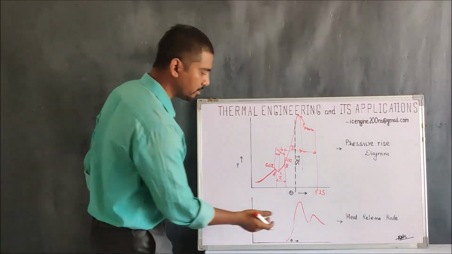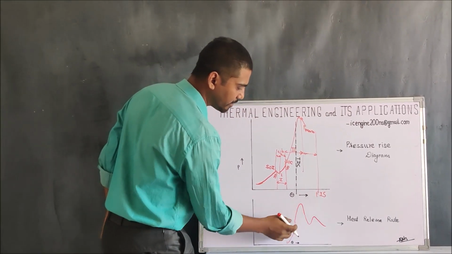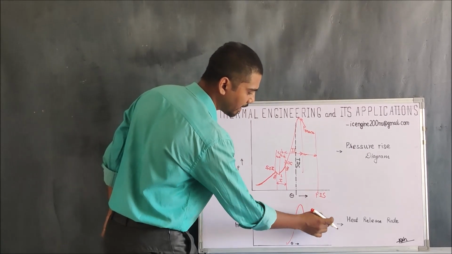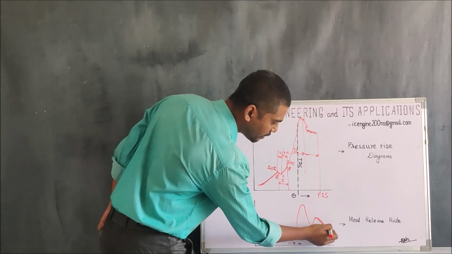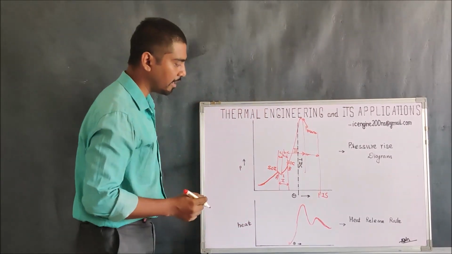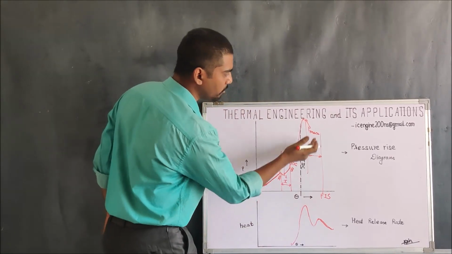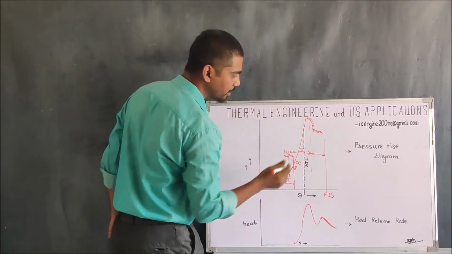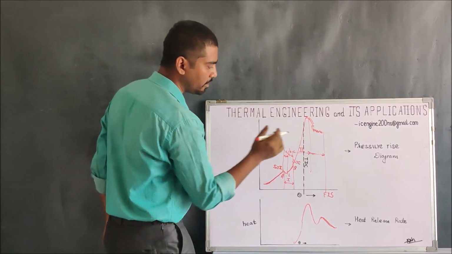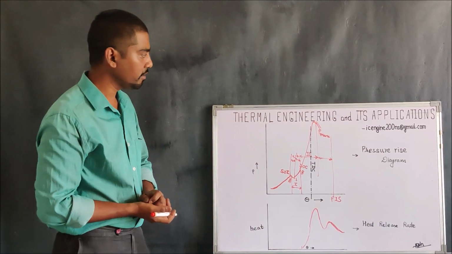What you can see is there is no sudden rise in the pressure or in the heat release rate, but it is going to be a gradual increase as well as then a reduction, depending on the fuel injection having stopped. This phenomenon corresponds to the change in pressure in the third stage of combustion in a CI engine, which we also call the controlled combustion stage.